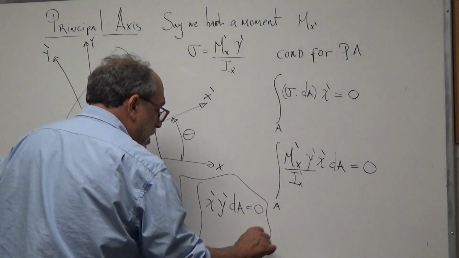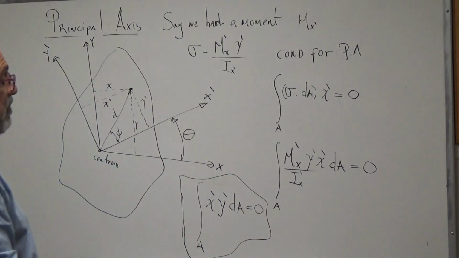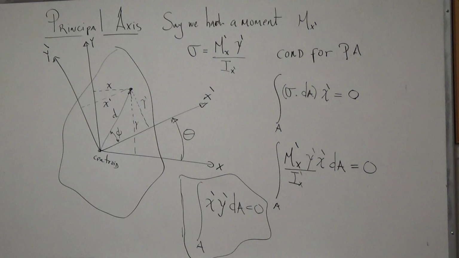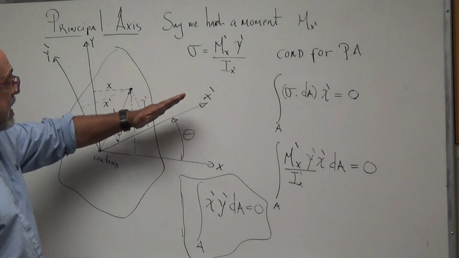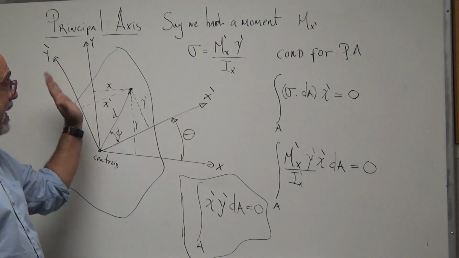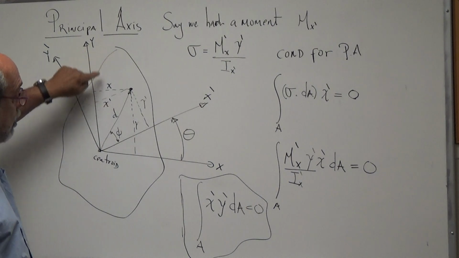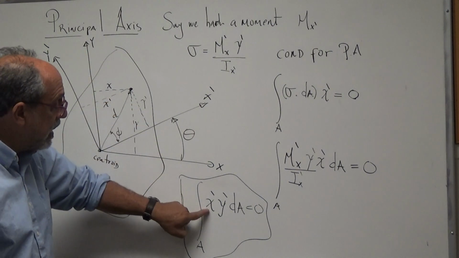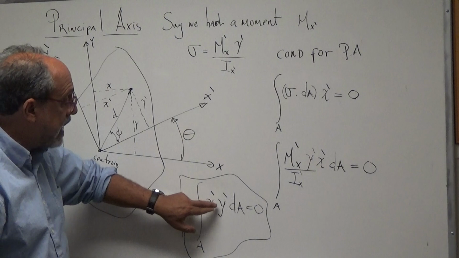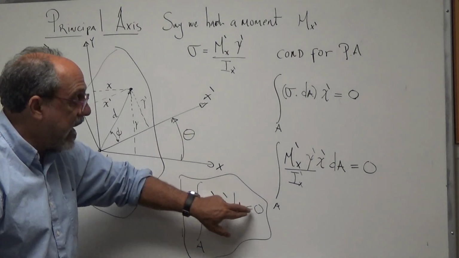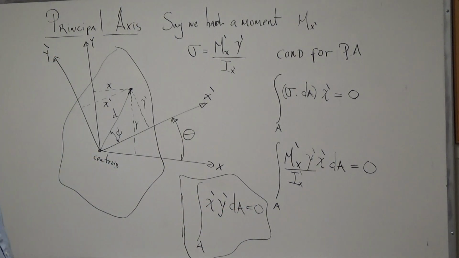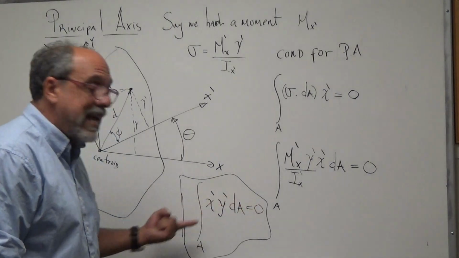This right here is what defines that you have a principal axis. If your axis is a principal axis set, then if you take all the points and you sum their products of x times y times dA, you will get zero. If it's not a principal axis, that is not true.